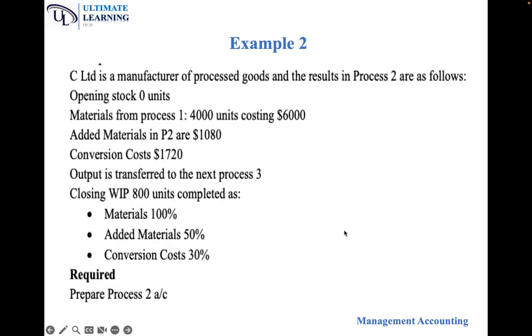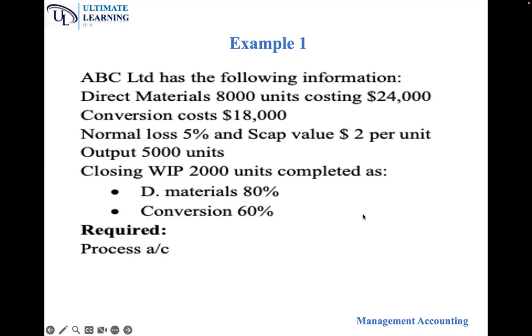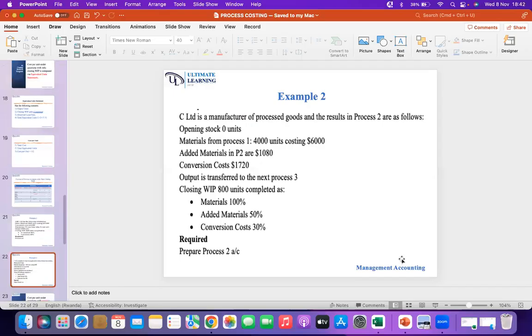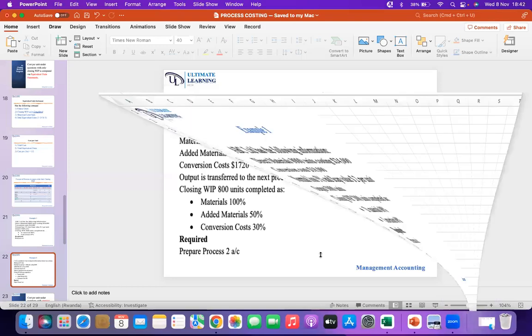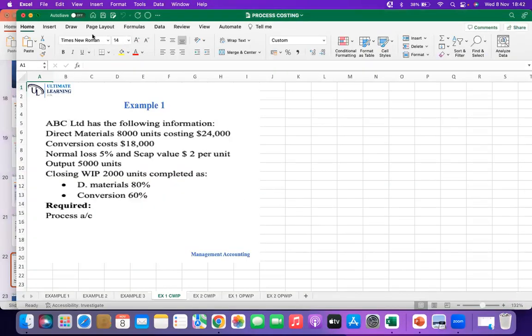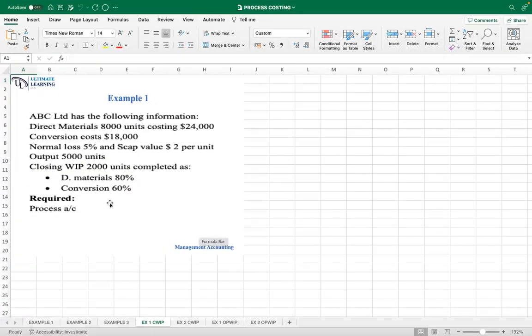We also have another question, but I'll only read it when the time is appropriate. The question here is asking you to prepare process accounts. You can see there is closing work in progress in the question.